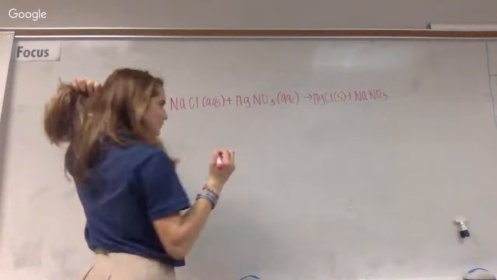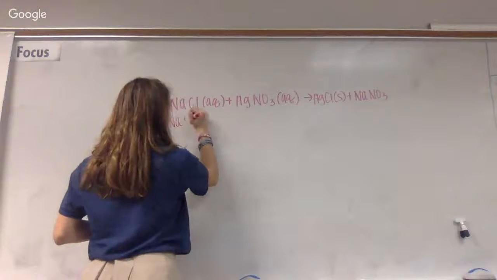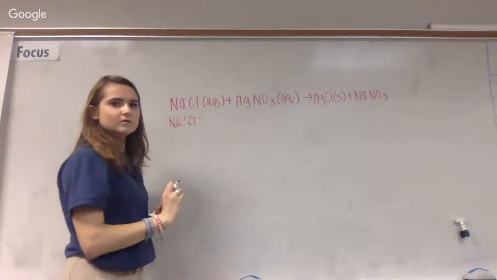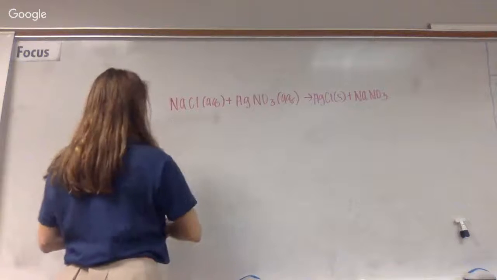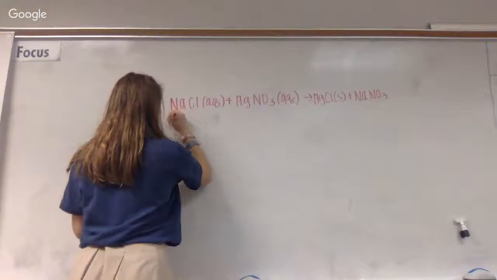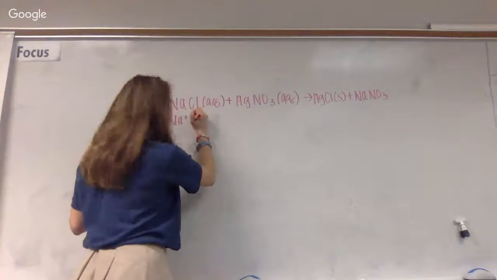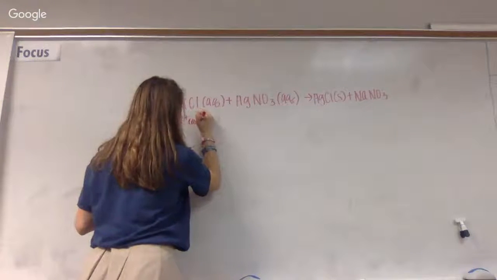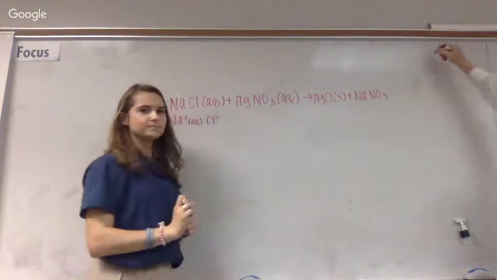So I want you to write Na plus and then right next to it, Cl minus. But separate them apart so we can see that they're two separate ions, and write AQ on the bottom of each one. AQ means that they're just dissolved in water. So just write Na plus and then AQ down below. And then Cl minus right next to it. And write AQ.